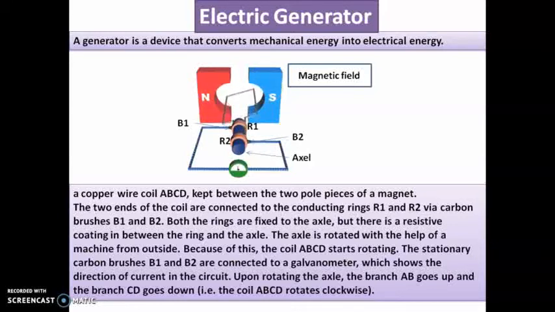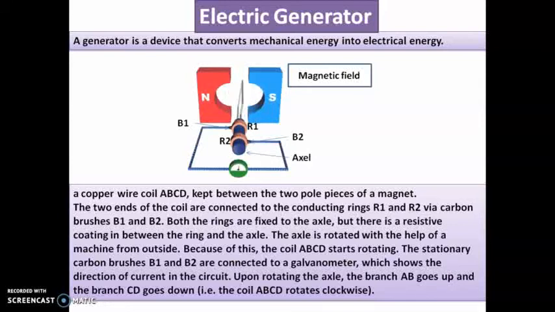The two ends of the coil are connected to the conducting rings R1 and R2. In the diagram you can see R1 and R2. You can see one arm is connected to R1 and the other arm is connected to R2.